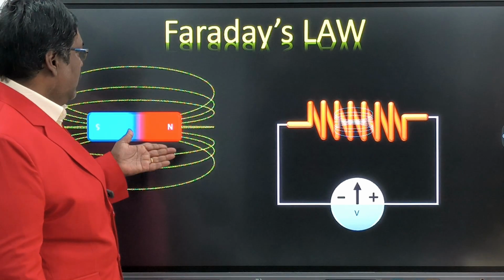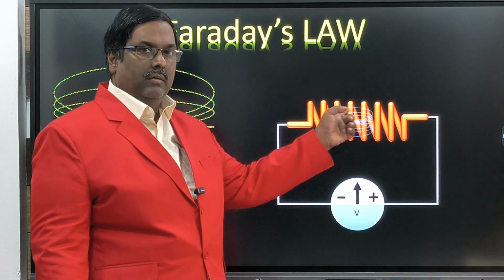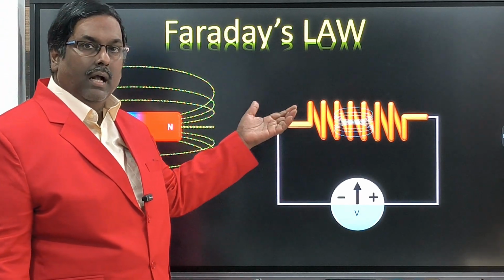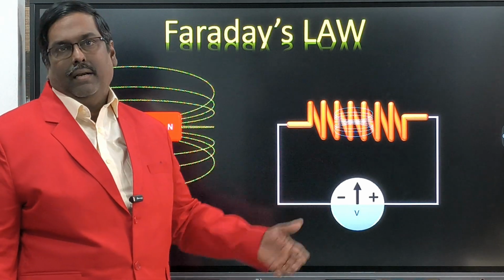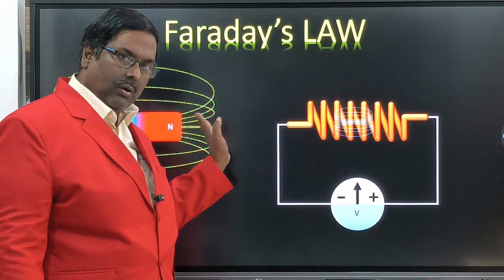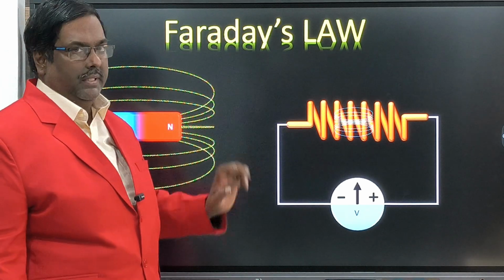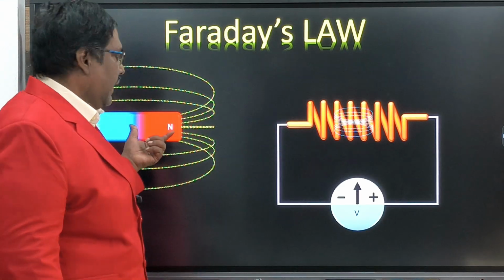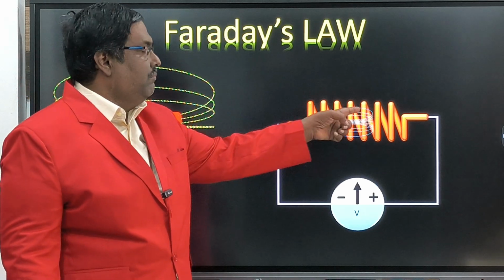Faraday's law says that if you take any inductor, like this coil, and move a permanent magnet near it, or keep the magnet and move the inductor coil near it, whatever it is, there must be relative motion. Wherever there is relative motion between the coil and a nearby magnet, an EMF will be induced in the coil.